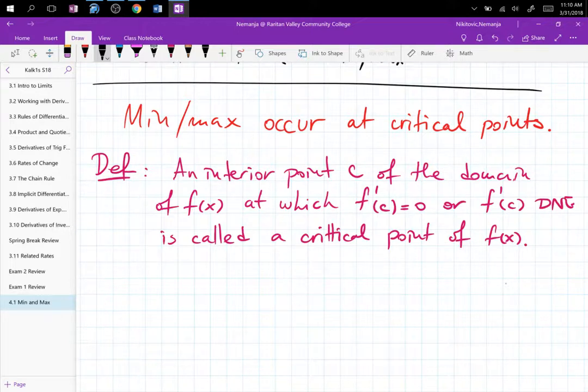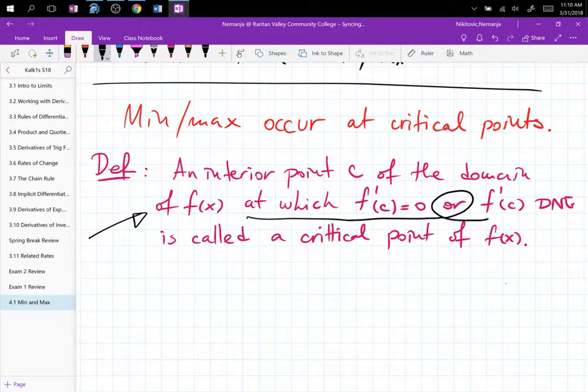An interior point c of the domain of f of x at which f prime of c equals 0, or f prime of c does not exist.